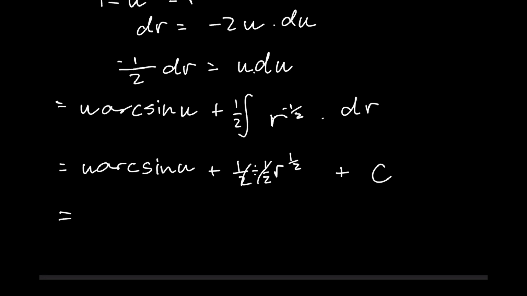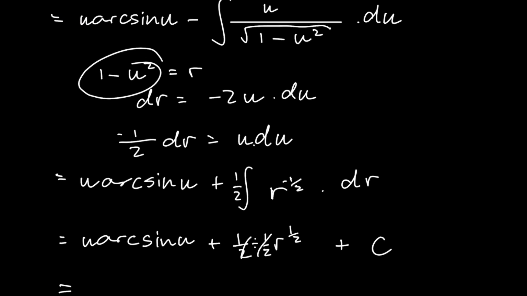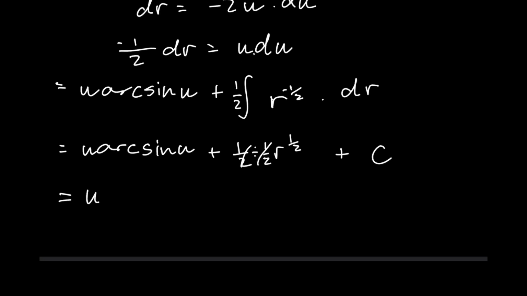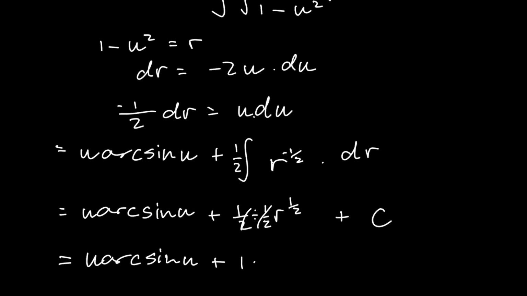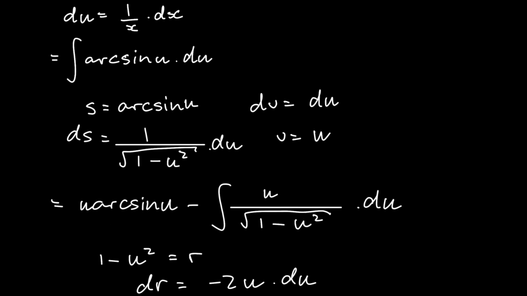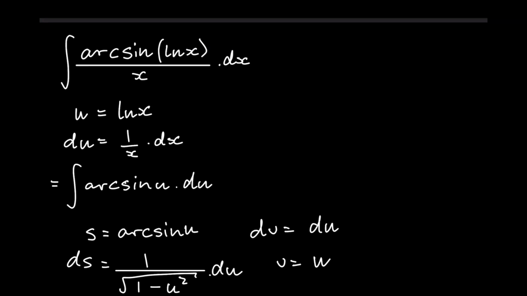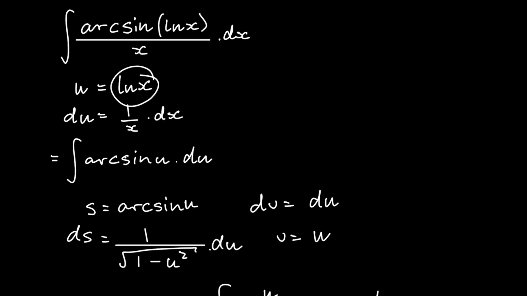So now we substitute everything back in to get our actual integral. So for r here, we're going to substitute in 1 minus u squared. So we have u arc sine of u plus the square root of 1 minus u squared, plus c.